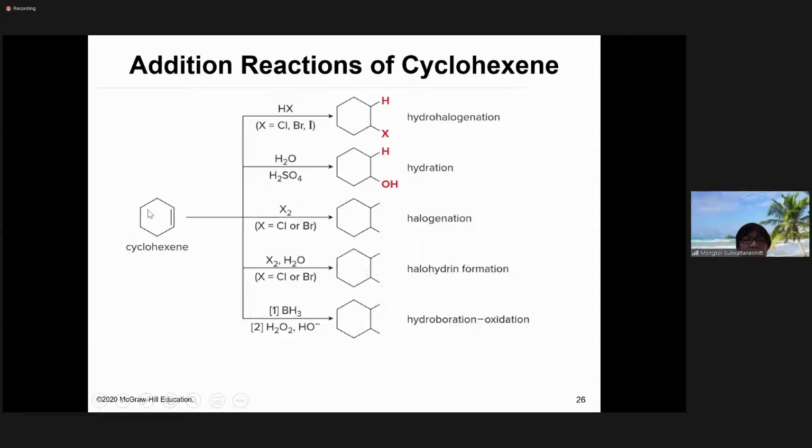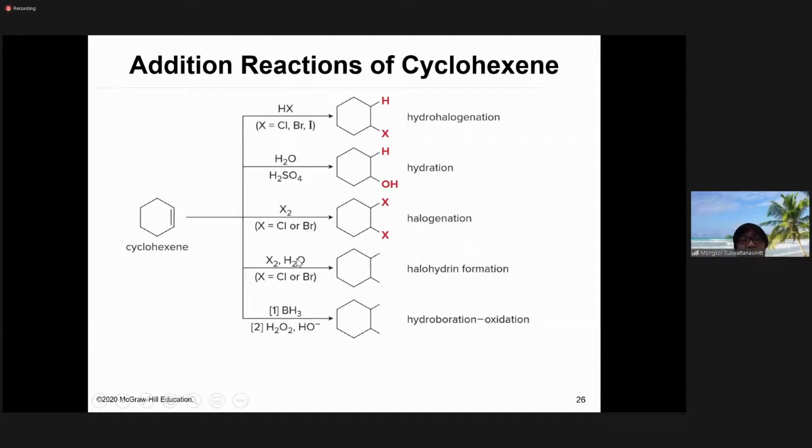The addition of halogen is called halogenation, and you get both halogen atoms on the double bond. It converts the double bond into a single bond here, okay? Halogenation is normally performed in organic solvent.